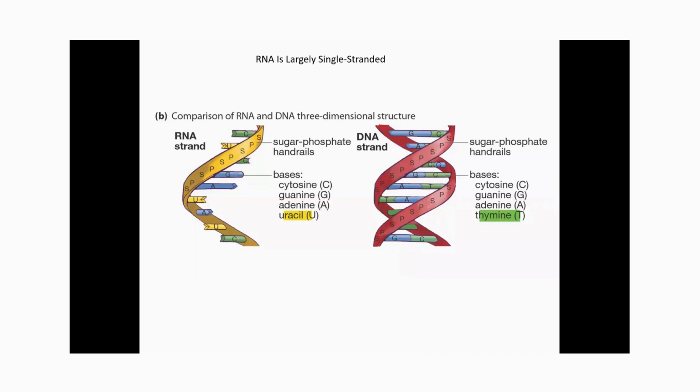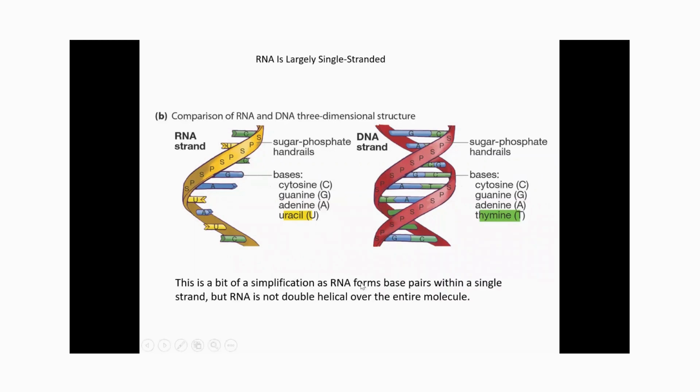Second, DNA contains deoxyribose sugar, RNA is composed of ribose sugar. In DNA there is the thymine base, and in RNA there is the uracil base in its place. So these are the three major differences between the DNA and RNA molecule.